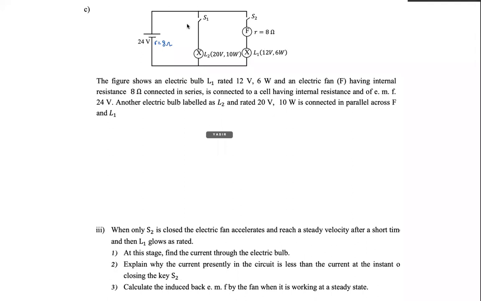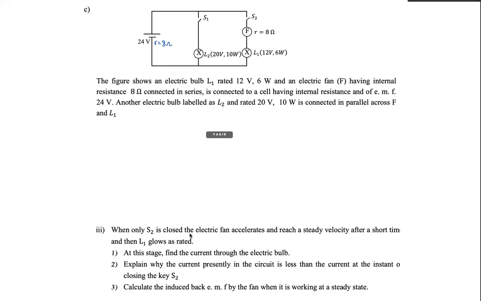So inside the motor there will be an electromotive force induced, but in the opposite direction. That's what we call a back EMF. A fan is connected to a motor, right? The motor gets the current from this and it will rotate. As a result of its rotation, inside the motor there will be an electromotive force created in the opposite direction. That's what you call back EMF.